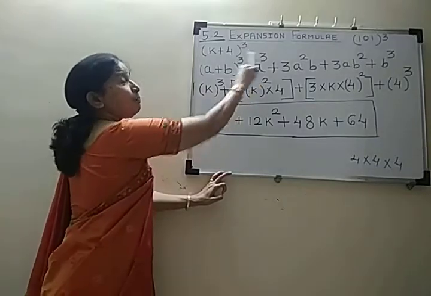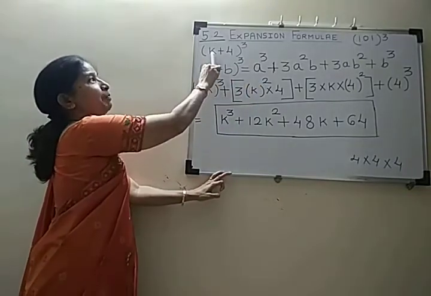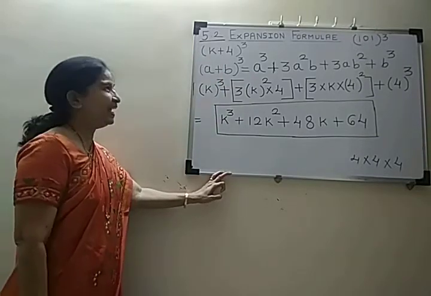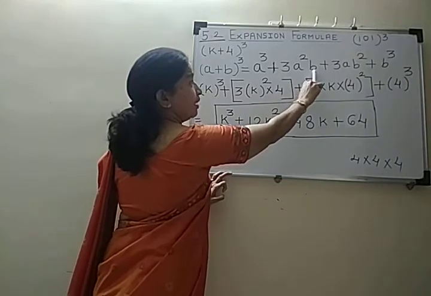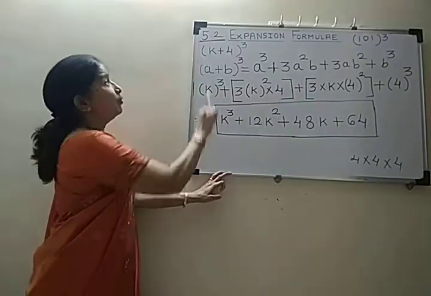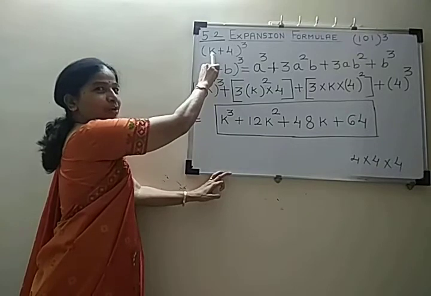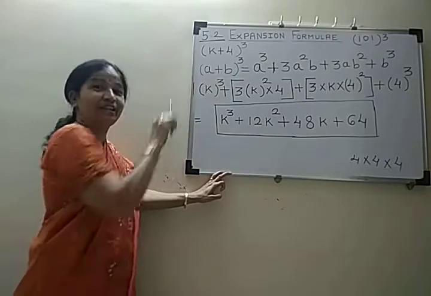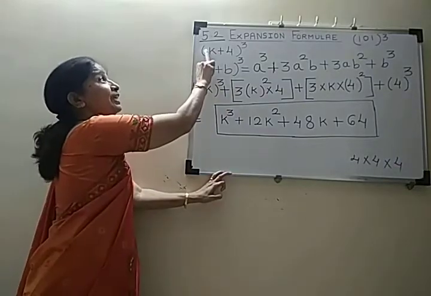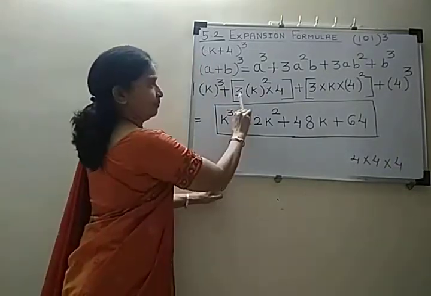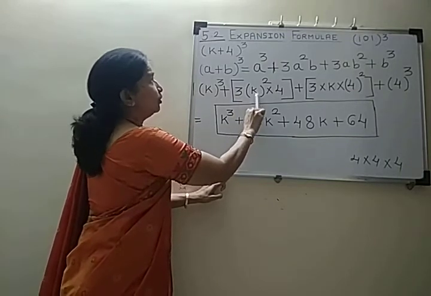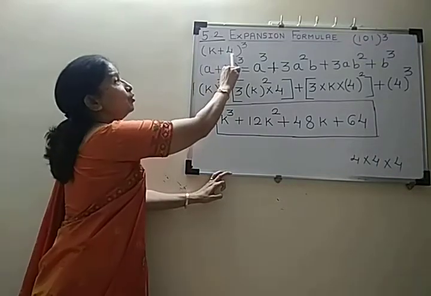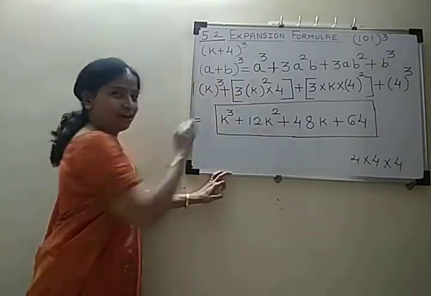So, a cube means cube of the first term, that we got as k cube. Then 3a square b means what? Square of the first term multiplied by the second term and multiplied by 3.